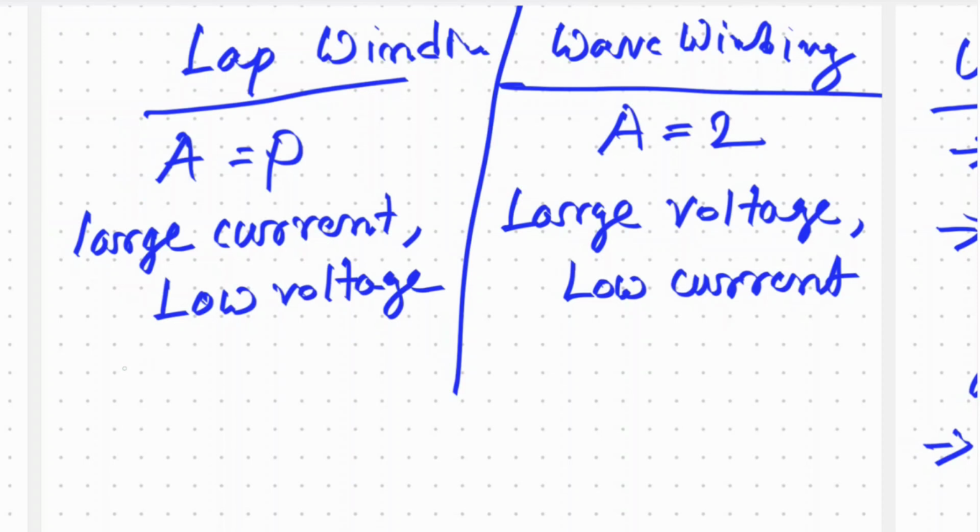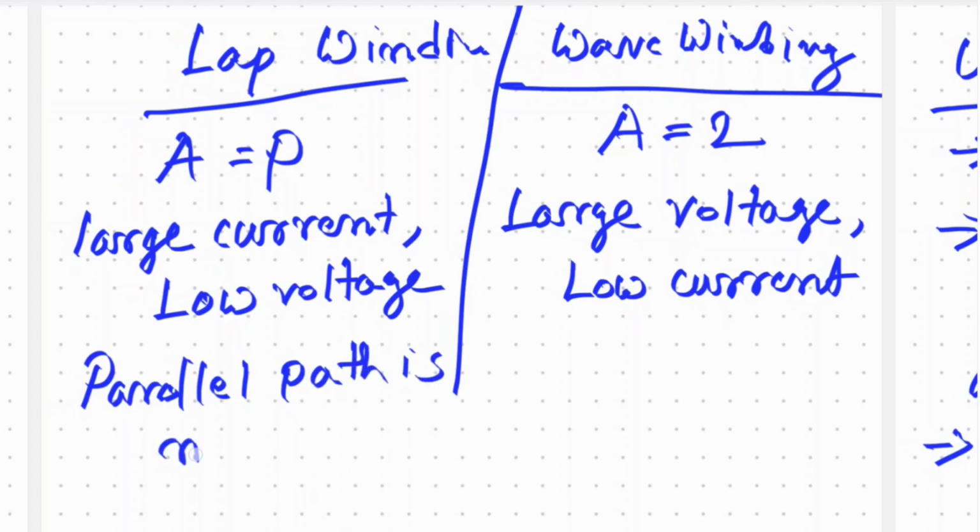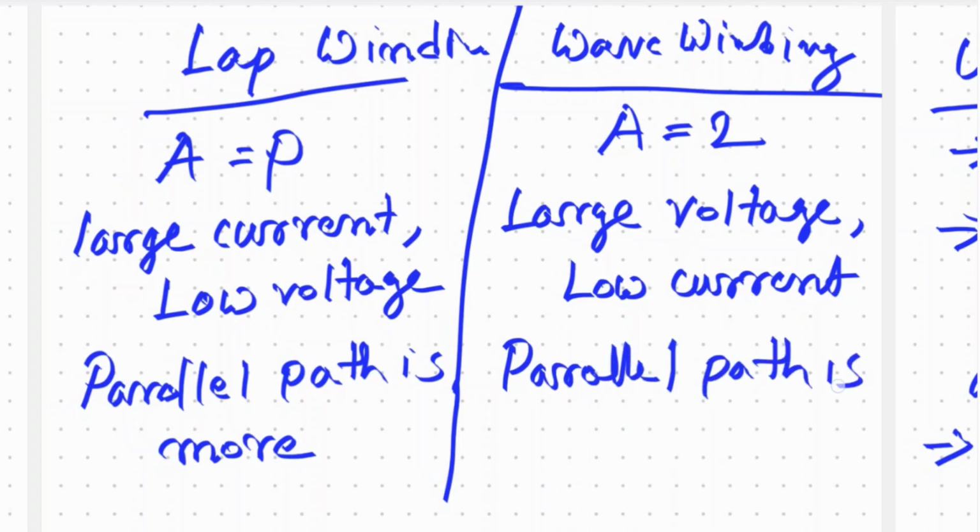Here the number of parallel paths is more, there it is less. So this is the comparison between lap winding and wave winding.